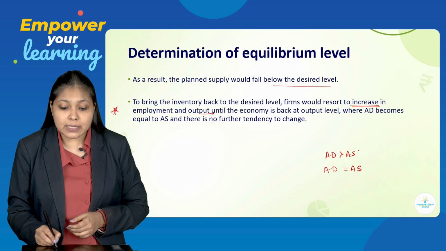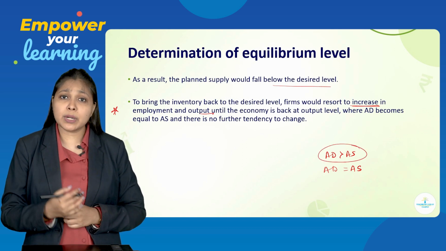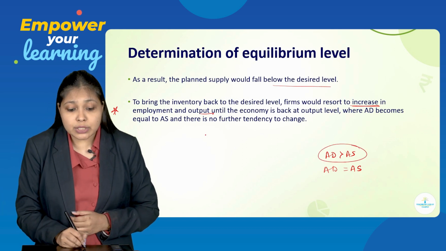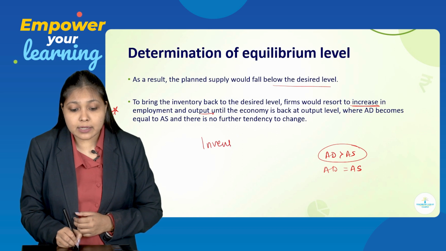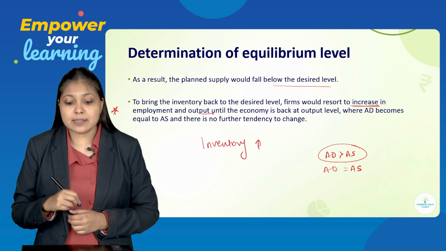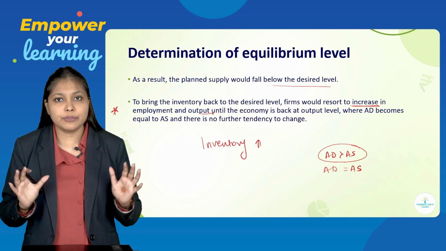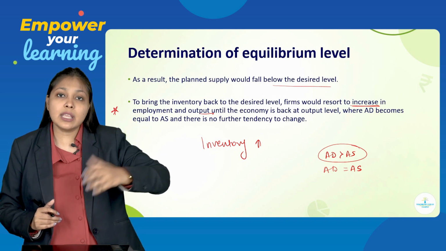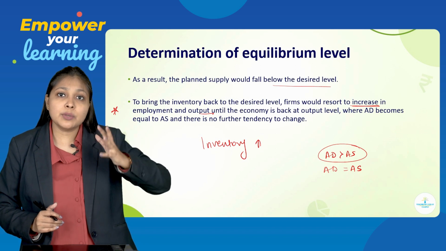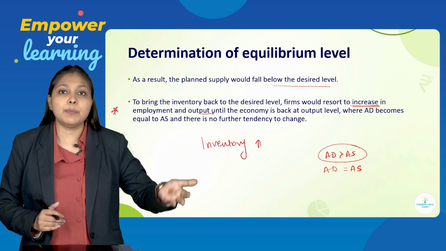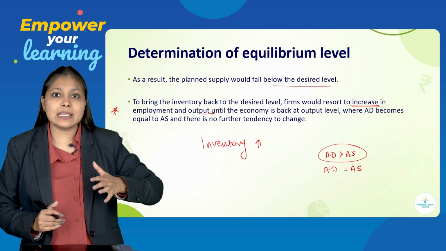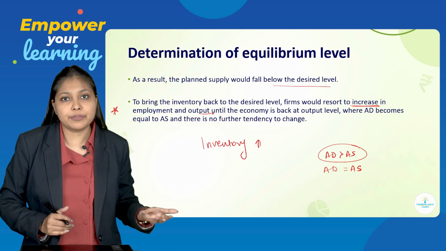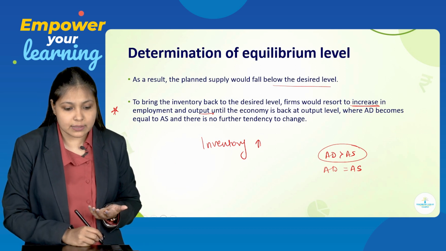The solution is to increase the inventory. Inventory is nothing but supply or stock of goods and services. So the producer will have to increase the employment level as well as the output of goods and services.